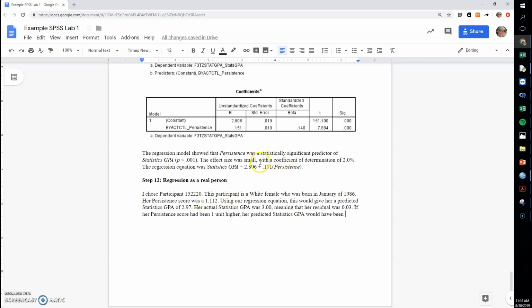In other words, you're going to add one more of this slope into the predicted value.